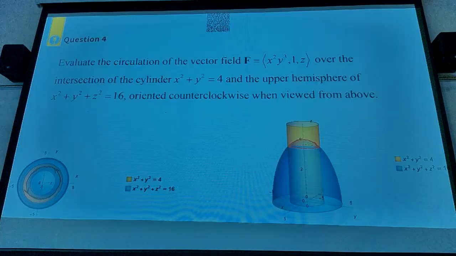But z squared, z would be what? Rho cosine of phi? What is the radius at that point?